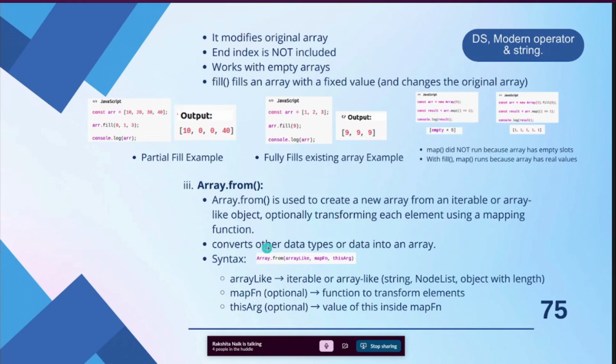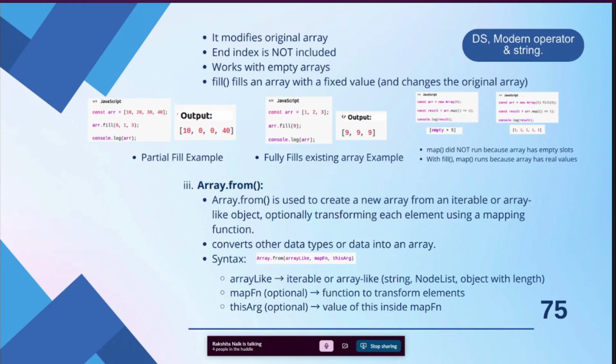The syntax is Array.from, array-like, map function and this argument. The array-like or iterable argument can be a string, NodeList, or an object with length. Iterable, I don't know much about this.